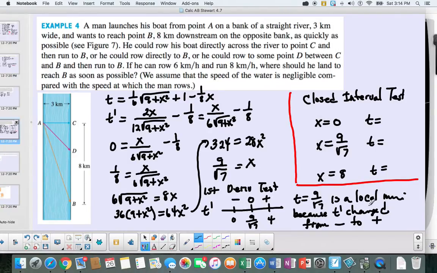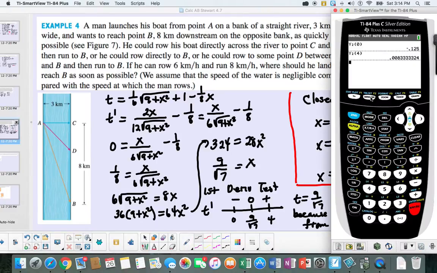So I know this is a local min, but before I can actually say it's the absolute min, I have to go ahead and evaluate on the closed interval that I was talking about before. And when you actually put these in, you can go ahead and use your calculator again. And remember, in y equals, this is the function y sub 1. So I can go ahead and evaluate at y sub 1, at my first point, which is at 0.